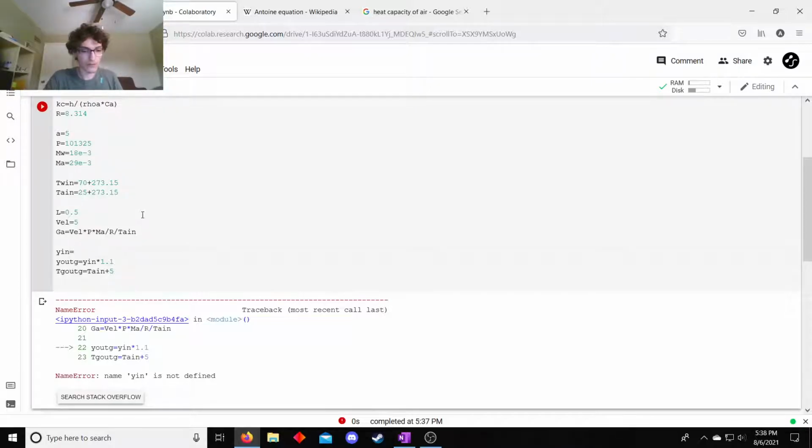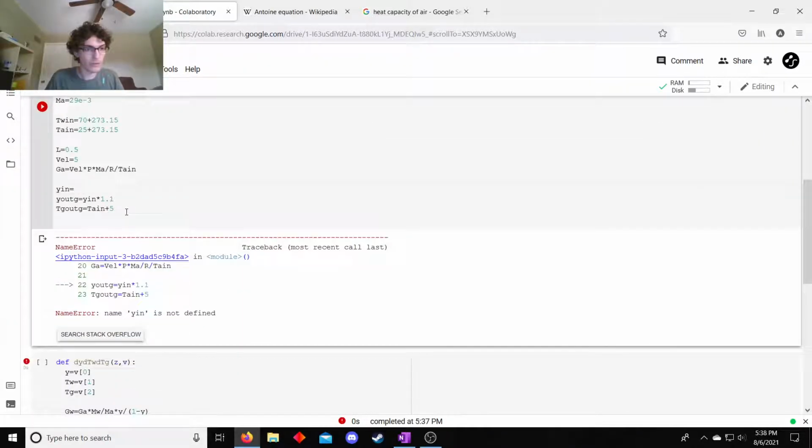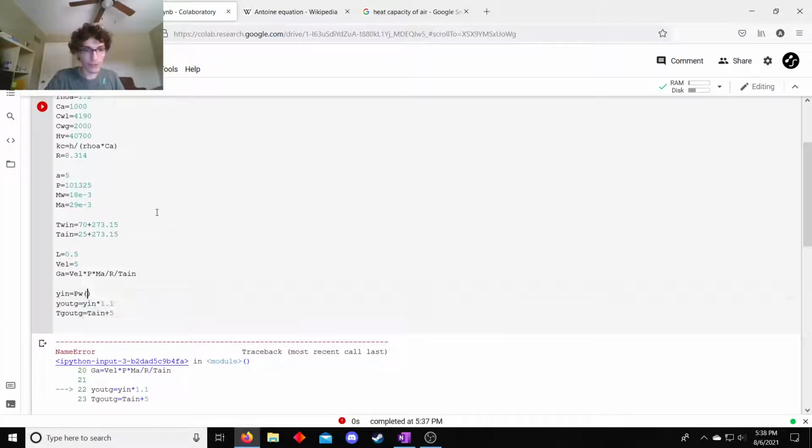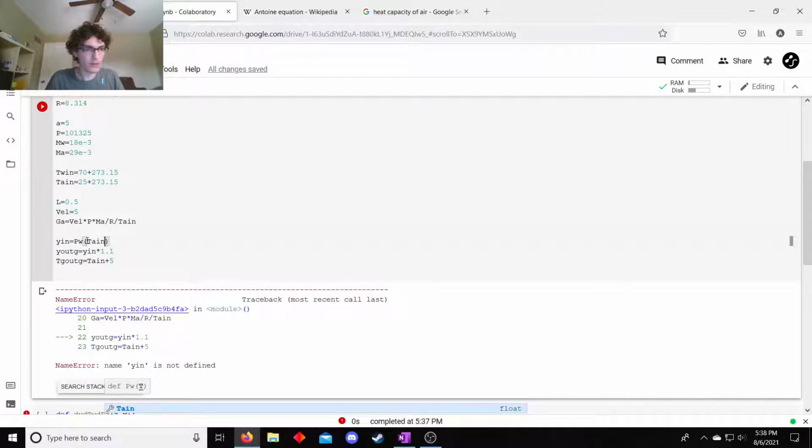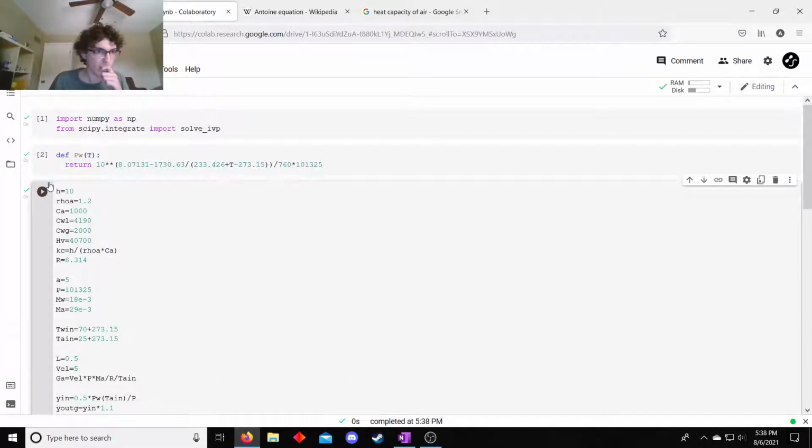So this will be PW at the temperature TAN, multiplied by the relative humidity. And then we need to divide by the total pressure.